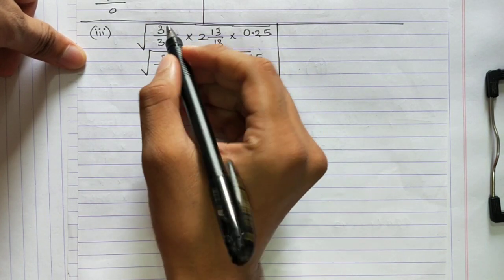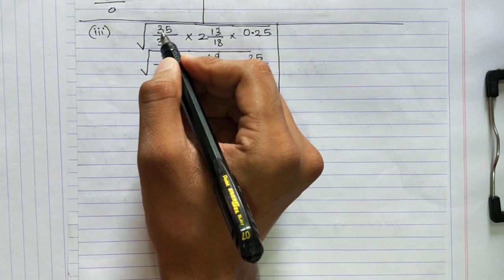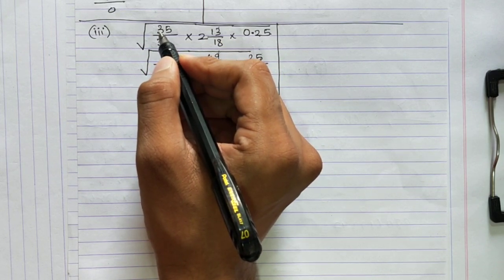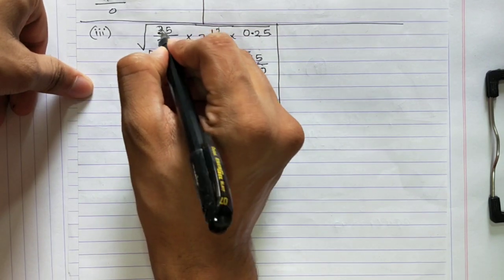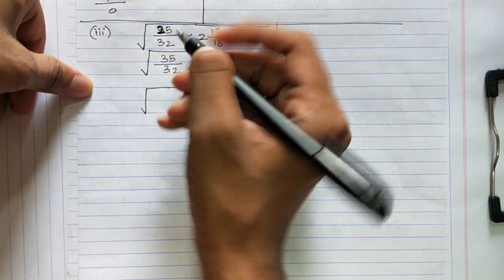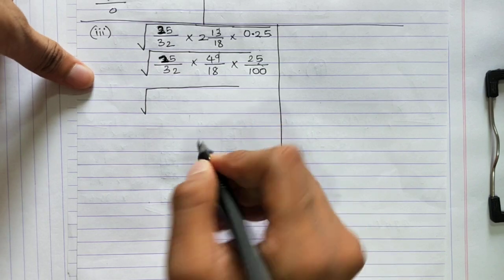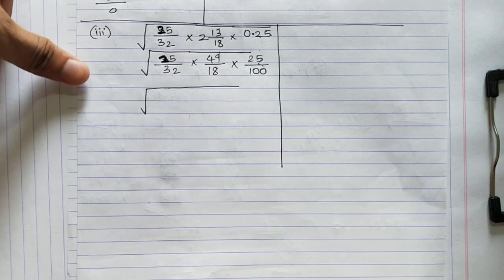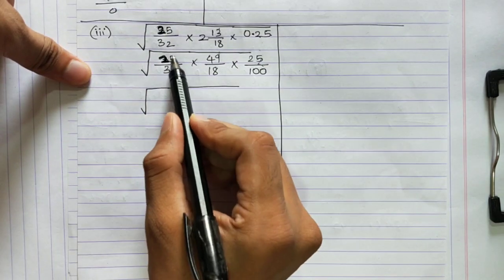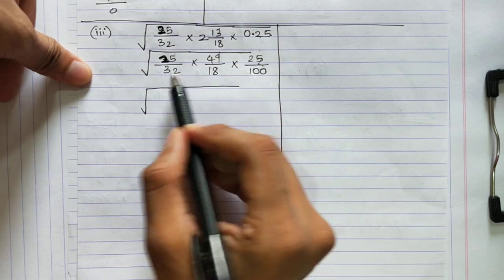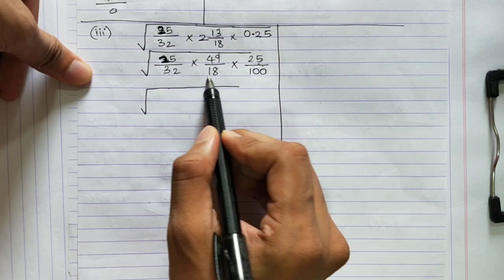I'm sorry, this question is 25. So this 25 is 5 squared, only in the denominator 32 and 18.